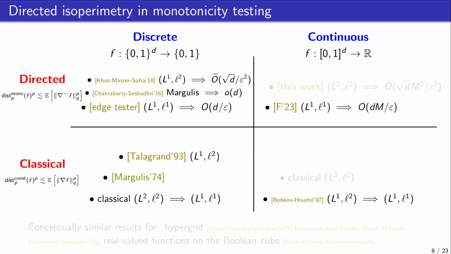Now, two things are missing, or are the obvious next steps. One is that we started with this fancy inequality and got this L1 inequality that gave us something comparable to the edge tester. But we have not yet explored the most well understood, the most classical Poincaré inequality in general, and certainly so in the continuous setting, which is this L2 inequality, the same one that I told you was classical in the discrete case.